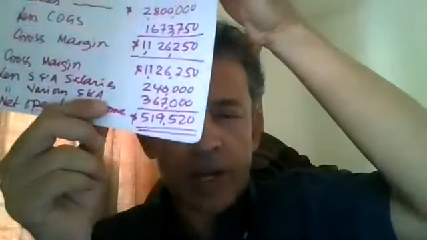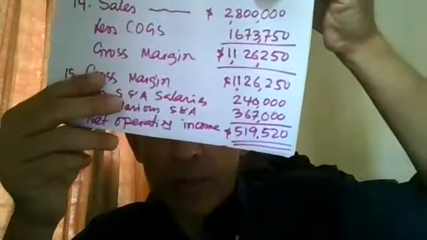S&A, selling and admin salaries, and various other selling and admin. So in this question, they haven't distinguished between selling and administrative. So they put them together, but although they put them together, they itemized it into two. One is selling and administrative salaries, then other selling and administrative expenses.